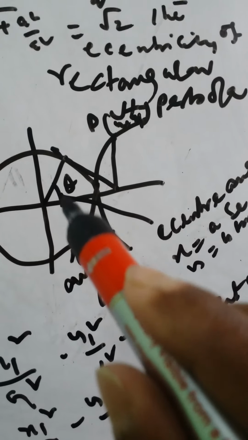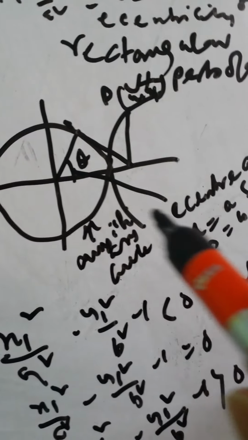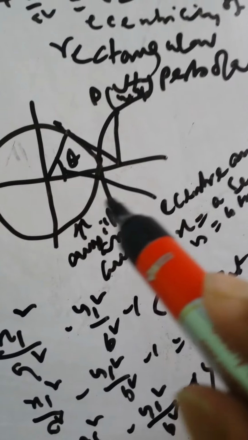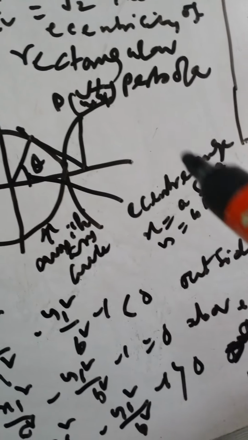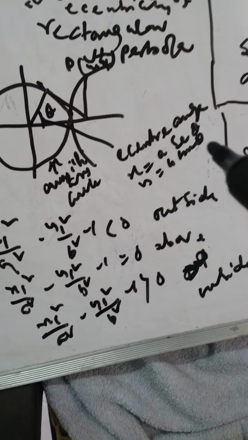This angle is called the eccentric angle, and this circle is the auxiliary circle. From this we get x equal to a sec theta and y equal to b tan theta.